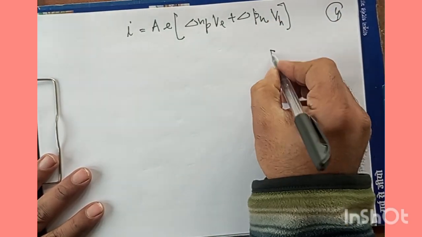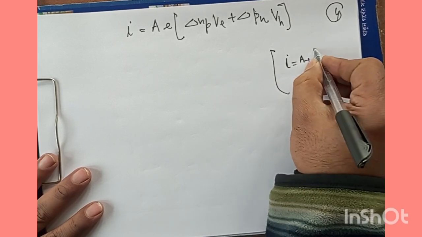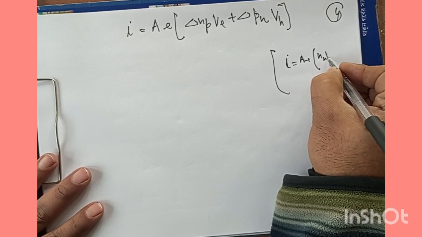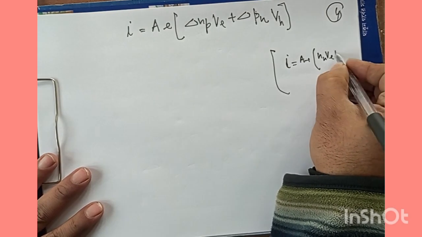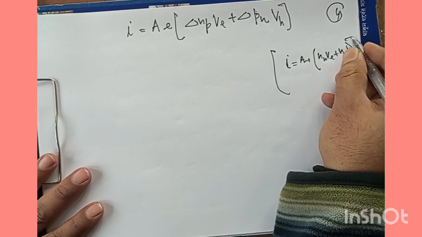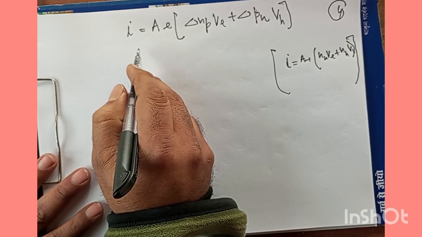If you remember, we have the equation I equal to A times E times N of E V of E plus N of H V of H. So this kind of equation we are making use of here to calculate the current.